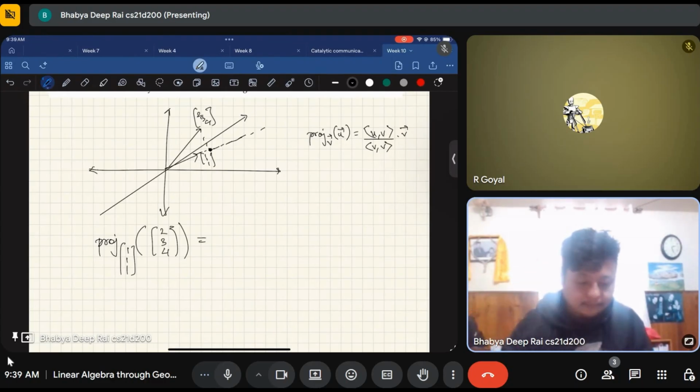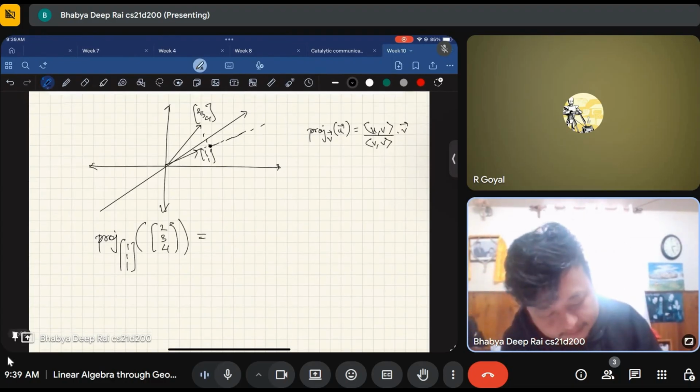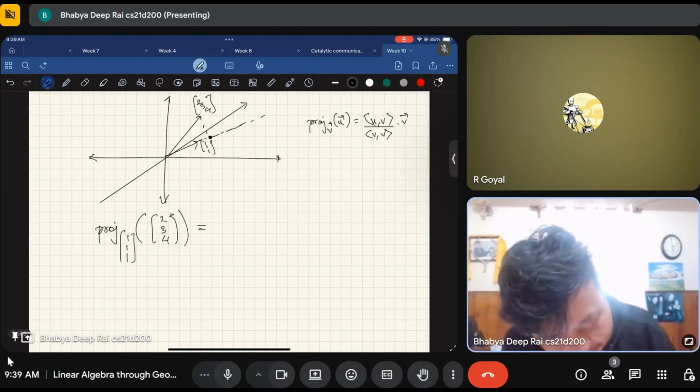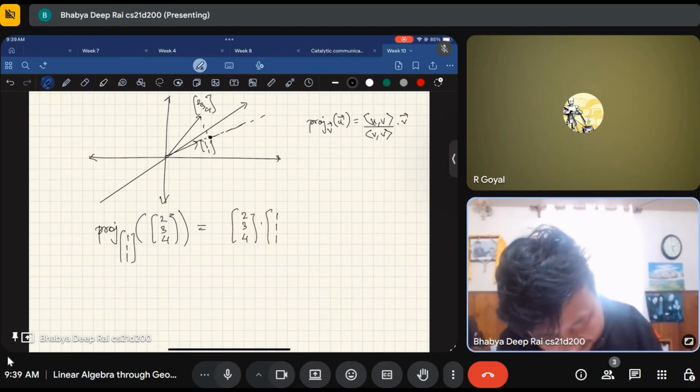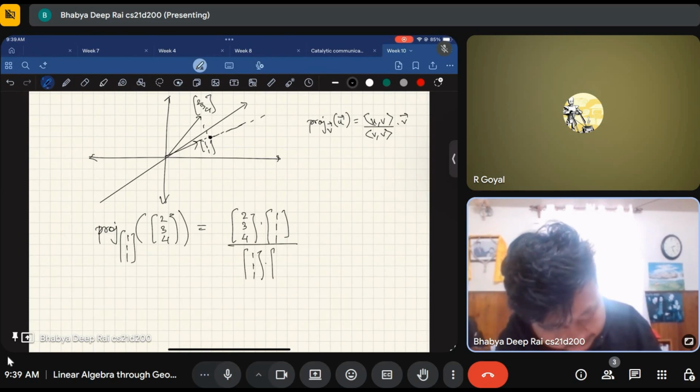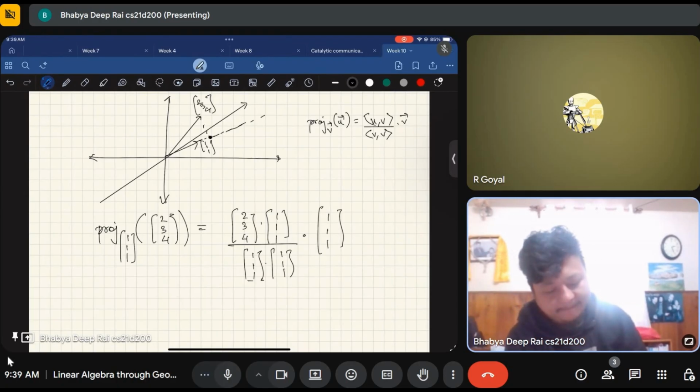So I need to find the dot product of 2 3 4 with 1 1 1, divided by the dot product of 1 1 1 with itself, which is just the norm squared, times 1 1 1.